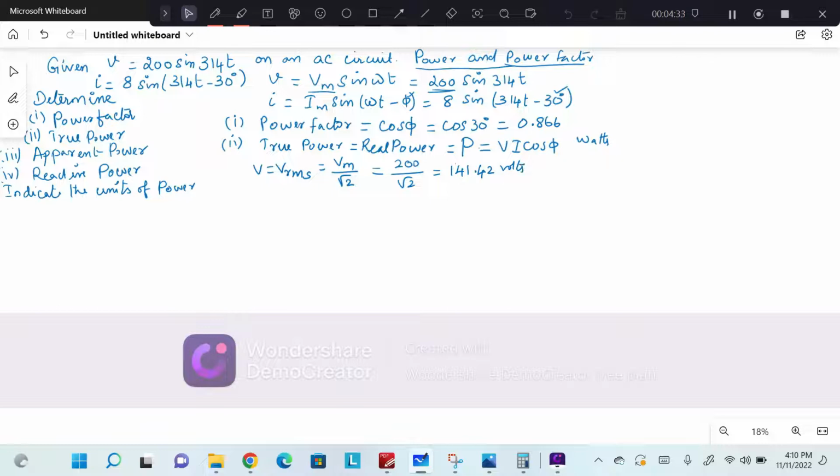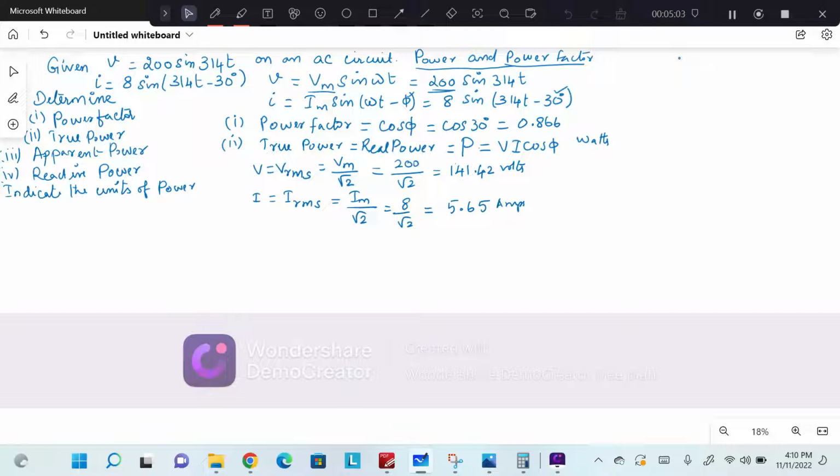This is VRMS. In the same way, I is nothing but IRMS. That can also be calculated as Im by root 2, whereas Im is given as 8. So 8 divided by root 2 is 5.65. So this will be in amps.